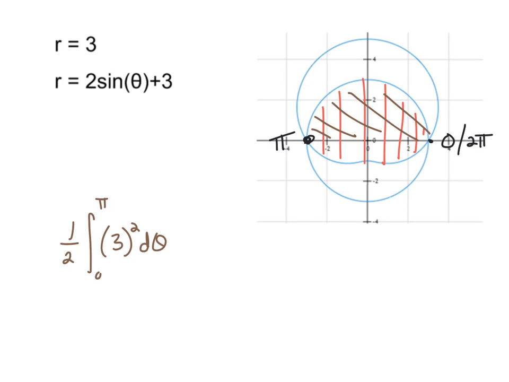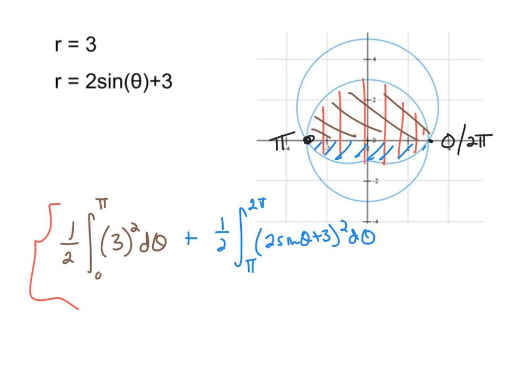Well then, if I turn around and do the integral from pi to 2 pi of the limacon, I get this. Then all I should need to do is add the two together, and I've got the shape I want.